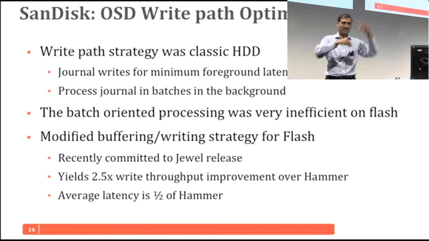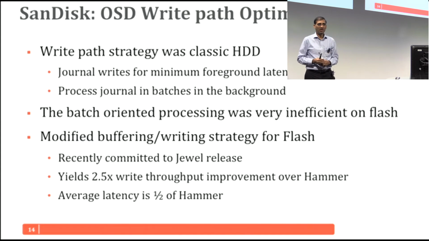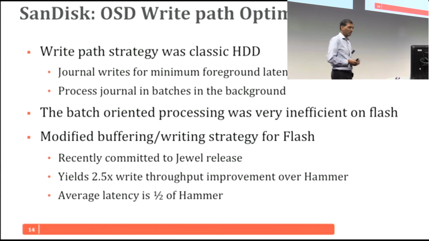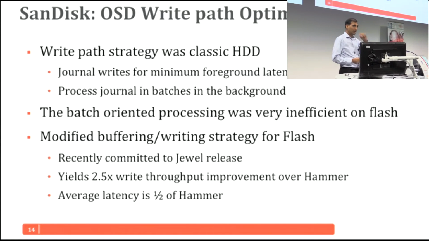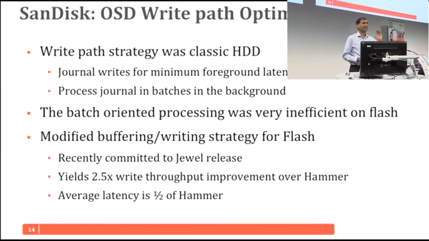So we took that next step of putting the data on the flash and the journals on an NVRAM. We found that there is obviously some improvement there, but there's a lot of spikiness because of the big batch processing that happens at the back end. So you don't have any consistent performance.